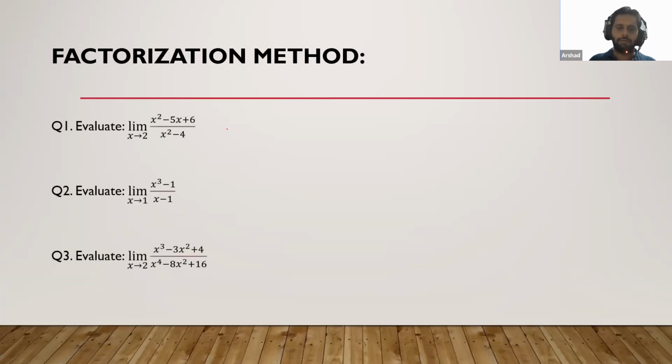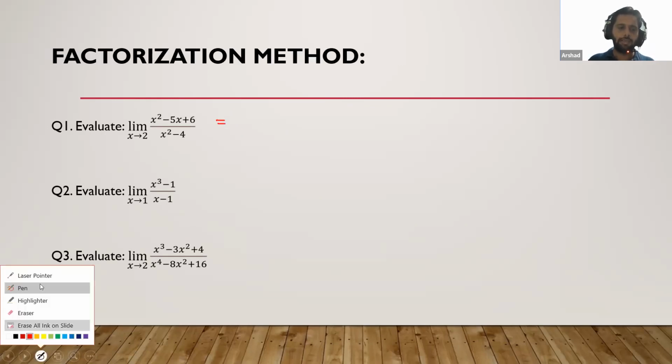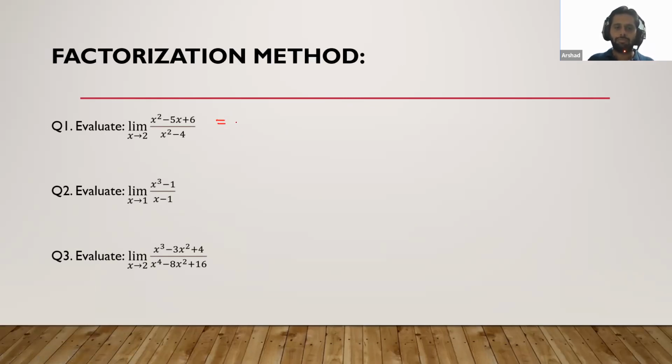Second is the factorization method. Here, if you put the limit directly and you get a 0 by 0 form, then we need to factorize. So we will write limit x tends to 2, x square minus 5x plus 6, by x square minus 2 square. We can write it as x square minus 3x minus 2x plus 6.